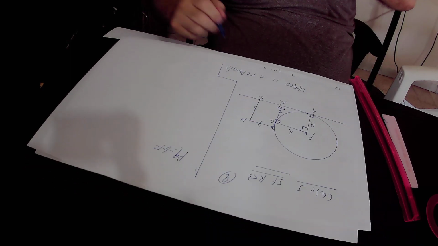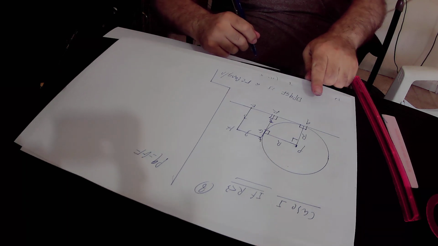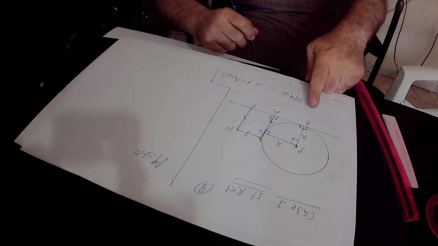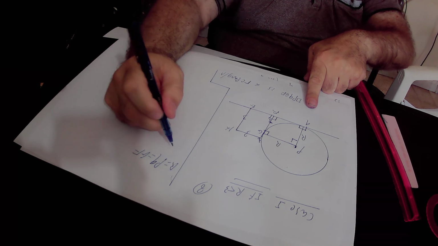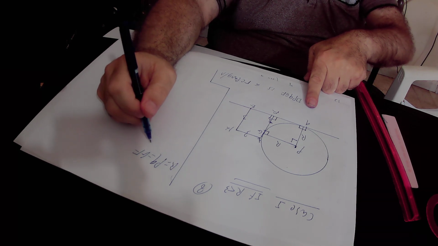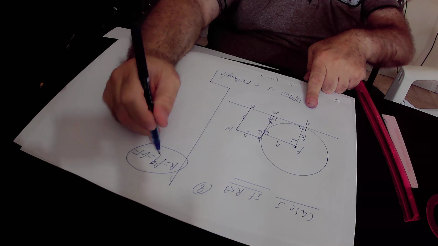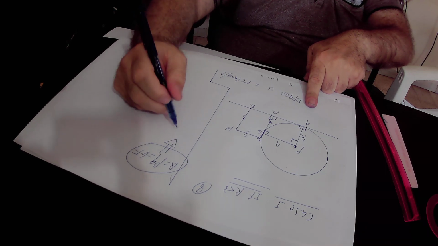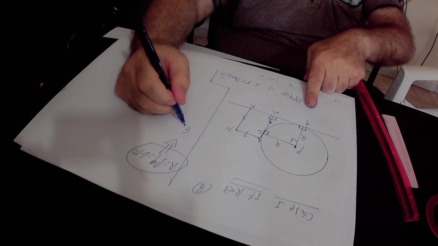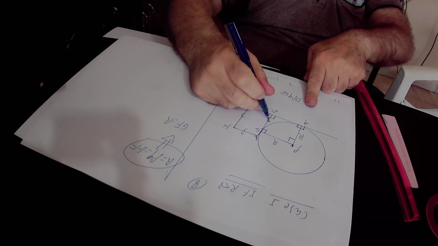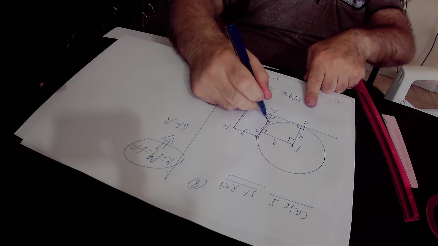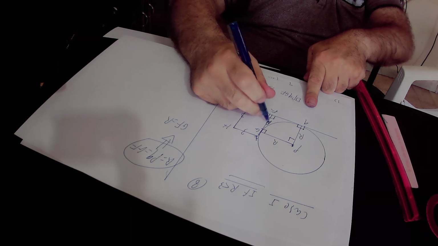But we know that PQ is the radius of the circle, so we can write that PQ equals R. And from this equation R equals PQ equals GF, we will derive that GF is also equal to R. So here GF is equal to R.